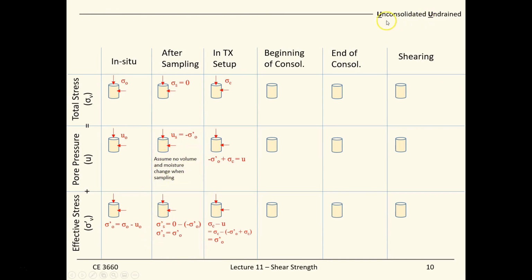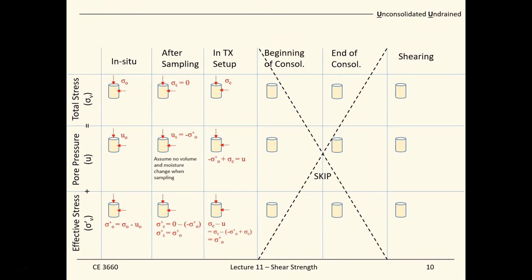The UU test works in a way that the soil sample in the triaxial setup, before we start the shearing stage, is still the same as the effective stress state in situ, sigma' i0. Since this is an unconsolidated undrained test, we don't have the consolidation stage.